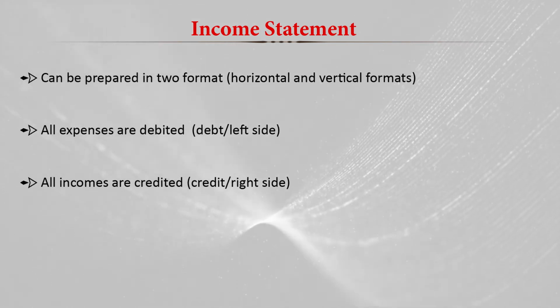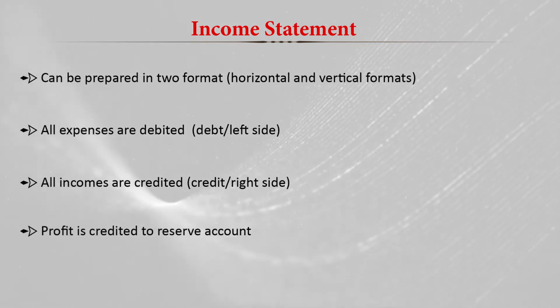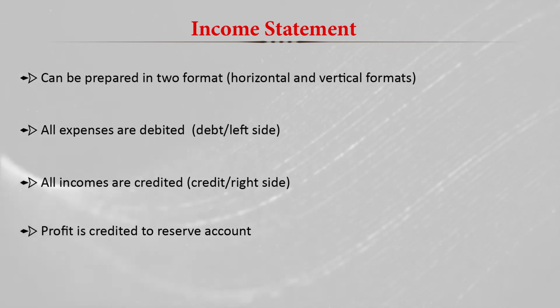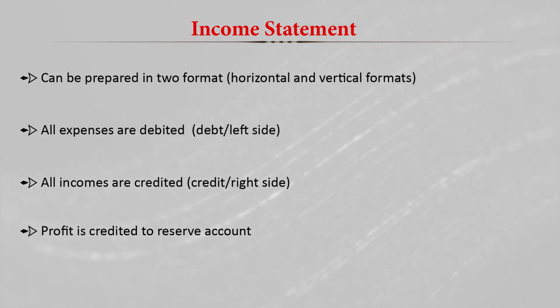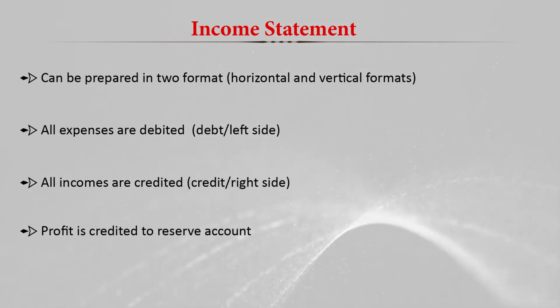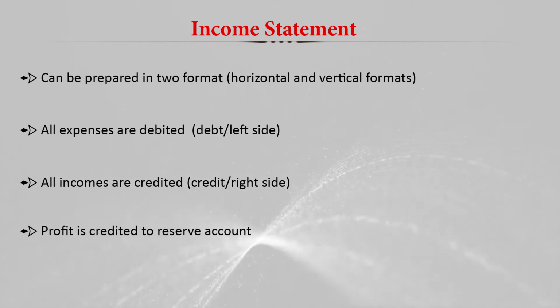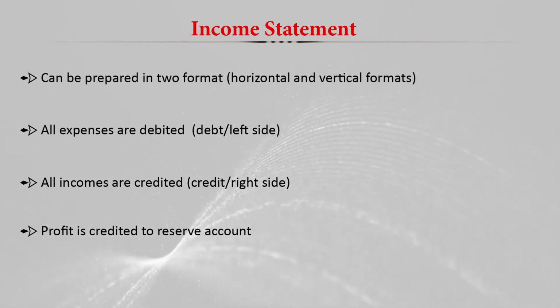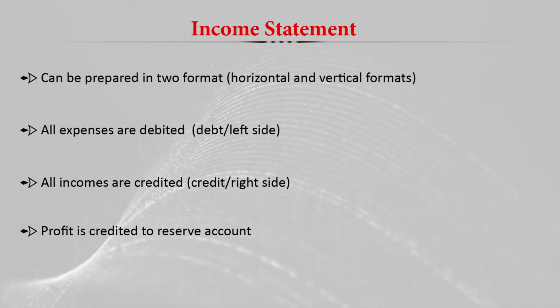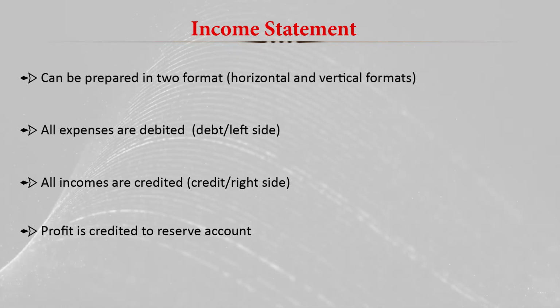The profit, which is the difference between revenue and expenses, that is income and expenses, is credited to the reserve account, and that is also there in the income statement.